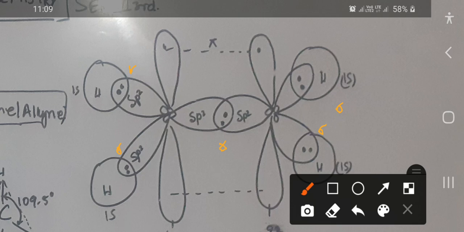So this is the structure of alkene, and what is the example that we have taken? That is C2H4.